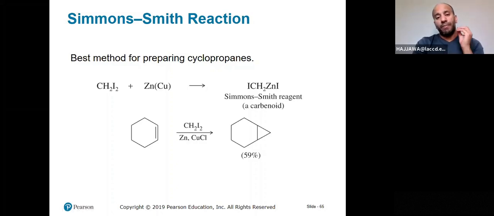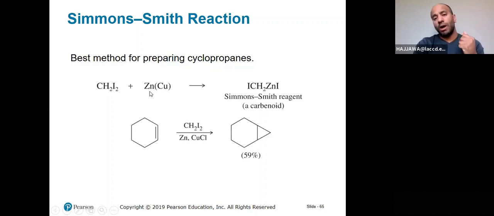The second method is the Simmons-Smith reaction, which consists of CH2I2 and zinc-copper. This gives me the carbenoid, which is ICH2ZnI. The copper is there just to activate the zinc. It's not there to react with the carbene intermediate.